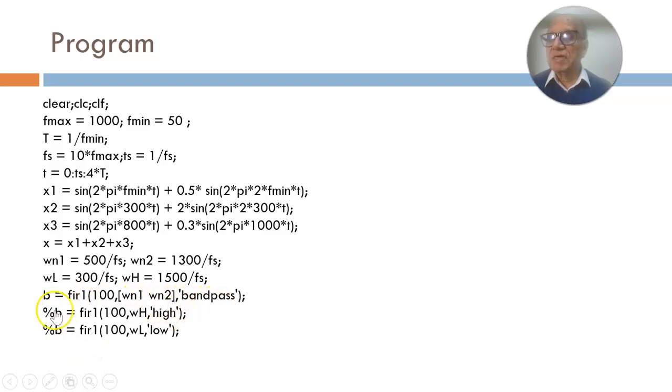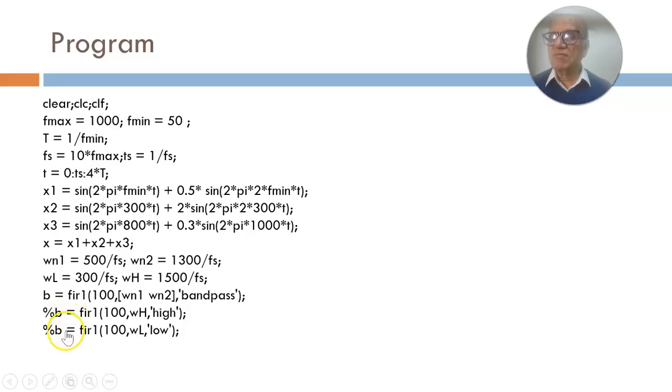So right now here I have kept the band pass filter active, so the coefficients B will correspond to the band pass action. But if you want to show the high pass action, then you can make this active, put the percentage sign in front of this, so you will be calculating the coefficients for the high pass filter.